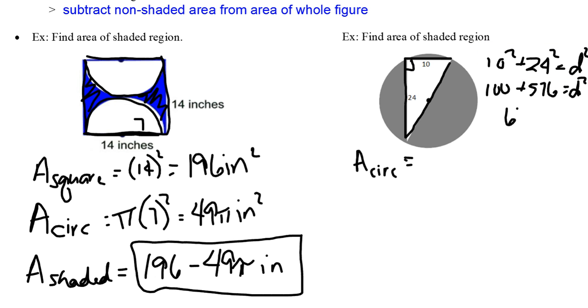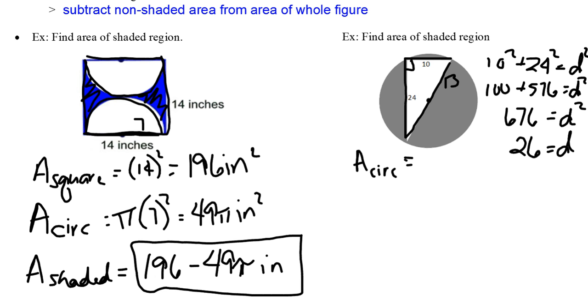So d squared is 676. And so it turns out that my diameter is 26 units long. And so if the diameter is 26, then that makes the radius 13 units.